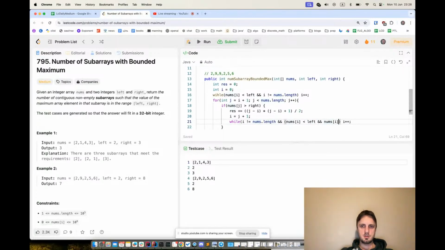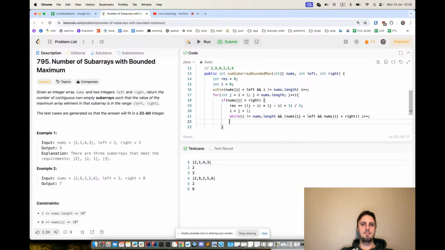And nums[i] should be less than right. Okay. If i is equal to nums length, then break.